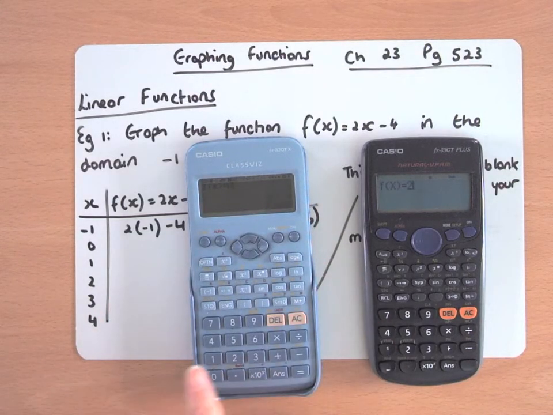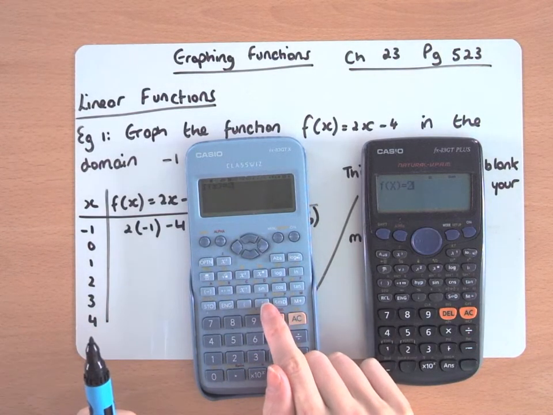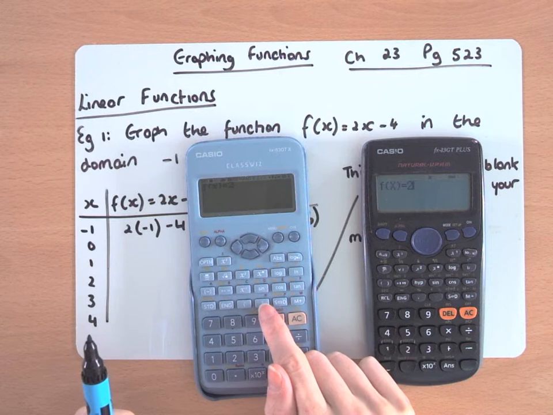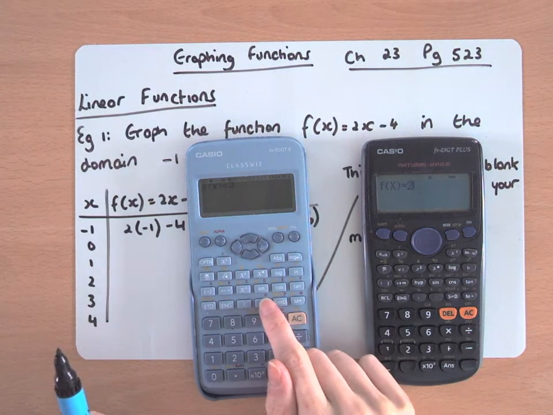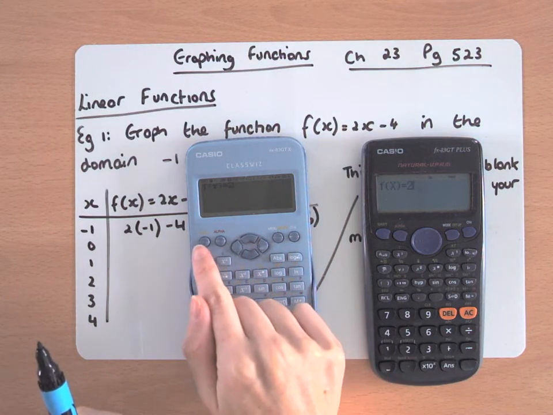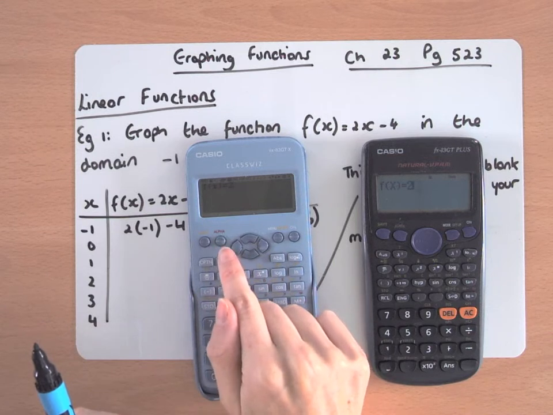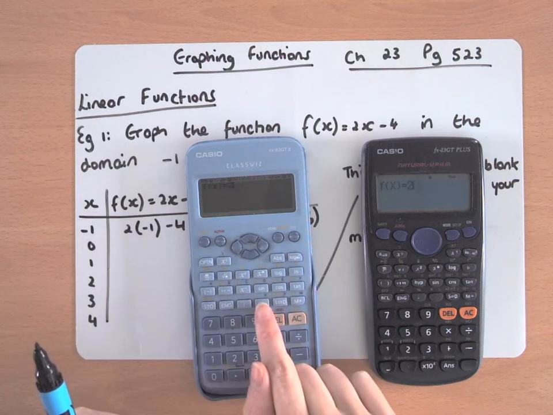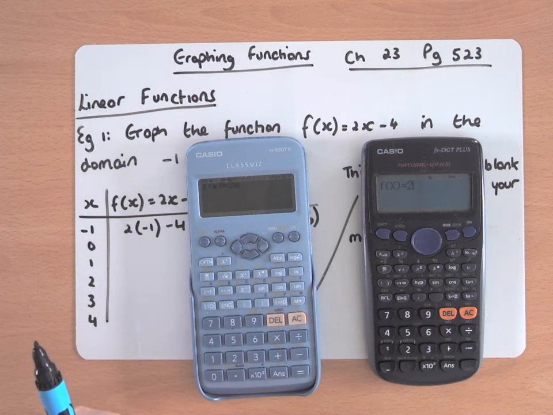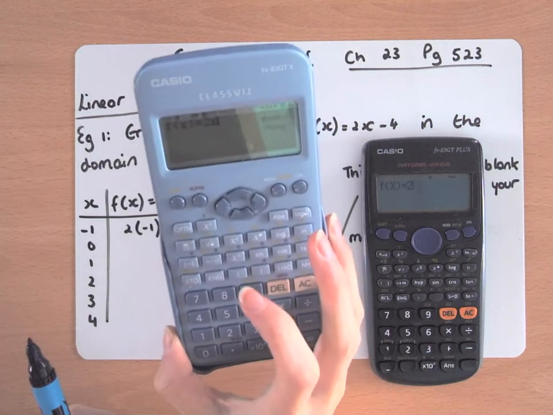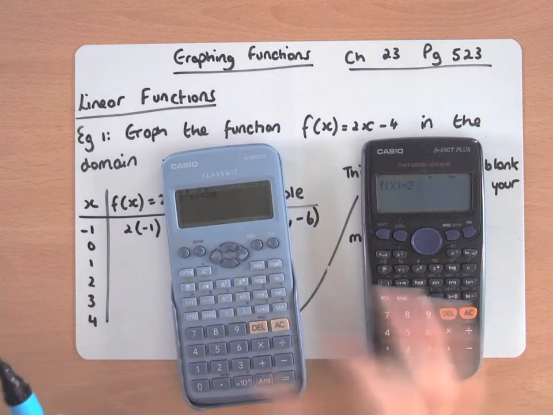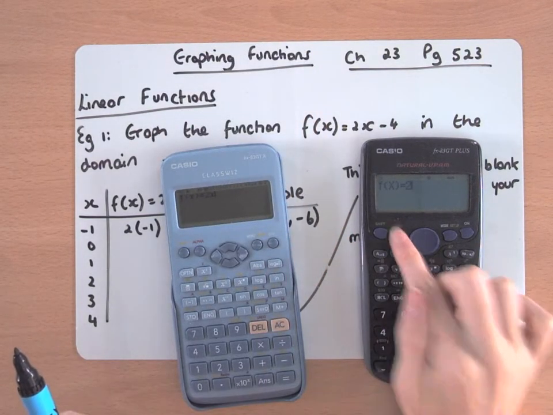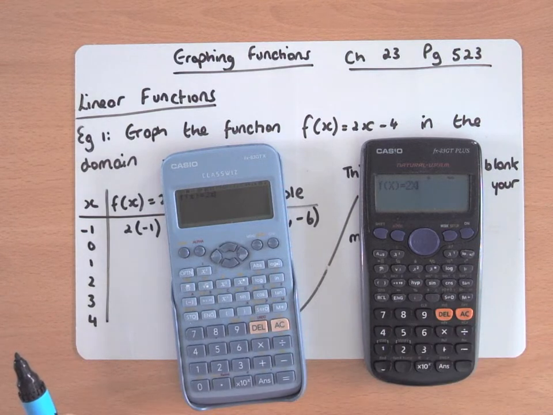So 2, and in this one it's the same. X is above the right bracket. Now, if it's in pink, that means you need to press the pink one. Shift is yellow, alpha is pink. So you press alpha bracket, and that gives you 2x. Alpha and bracket. Okay? Or here, alpha and bracket, 2x. And then I want minus 4.